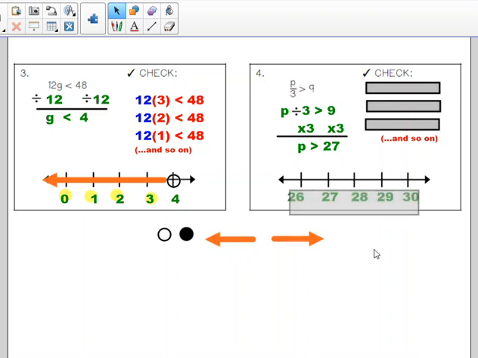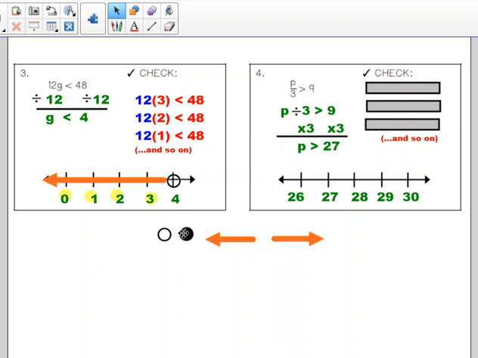So on our number line here, we just want to set up that sequence of numbers. We want something that's around 27, so I did 26, 27, 28, 29, 30. And if you think about this, what if p is 27? 27 divided by 3 would be 9, and 9 is not greater than 9.